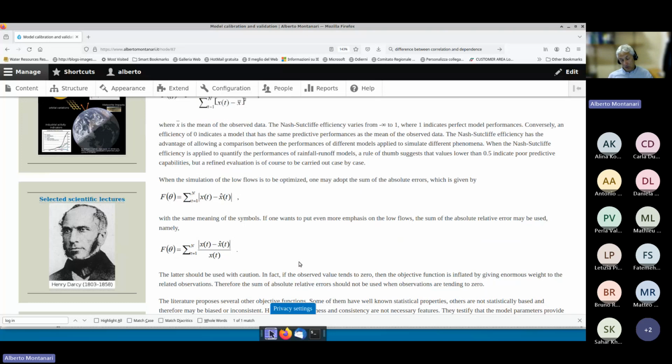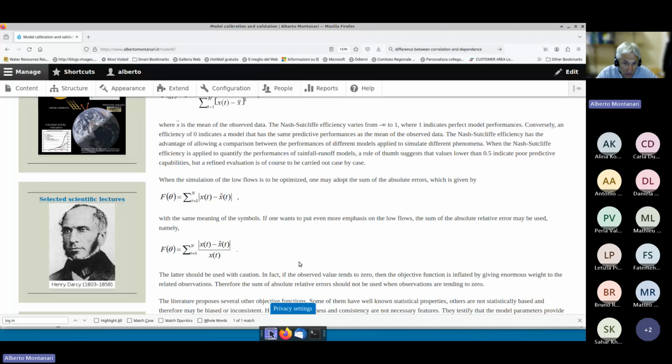And therefore, they don't really look at the error in the observations, but they look specifically at the timing. There are objective functions that look at the simulated volume, for instance, of the hydrograph, and maximize the goodness of the fit of the volume of the hydrograph. So there are really tons of them, and we of course don't discuss any of them.